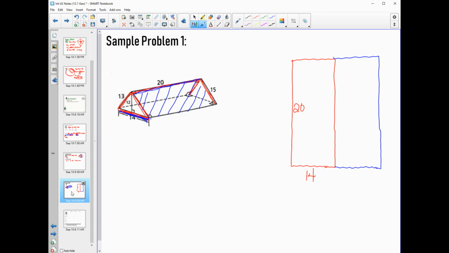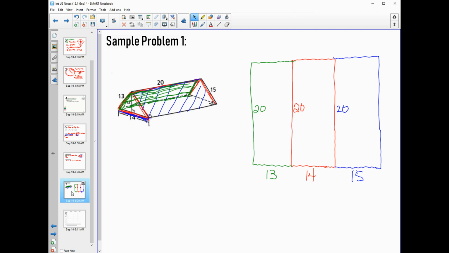That one is 15, and it's also 20 units tall or long. And then what's currently the back, what are its dimensions? Also 20 and 13.